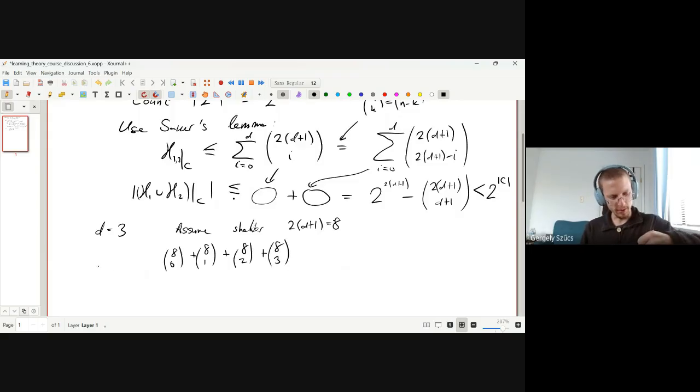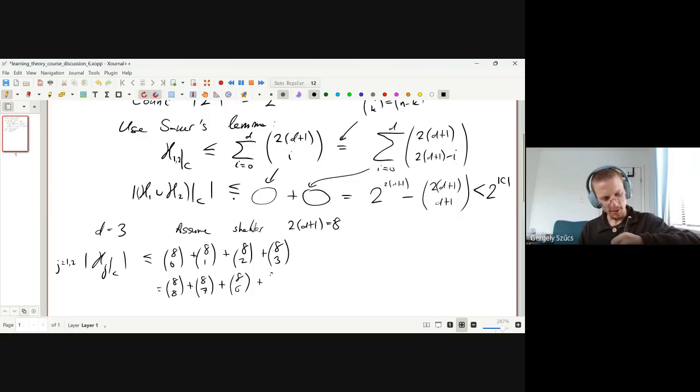And we get this twice, for H1 restricted to C and H2 restricted to C. But then, as Jean-Marie said, this is actually also equal to 8 choose 8 plus 8 choose 7 plus 8 choose 6 plus 8 choose 5.